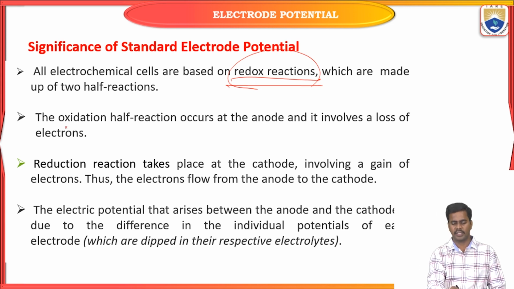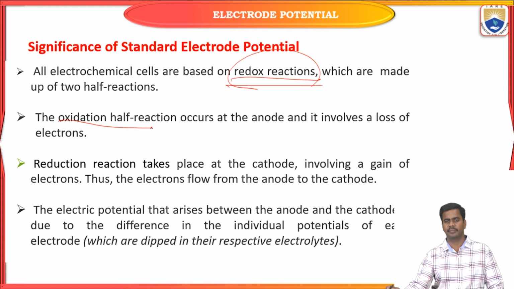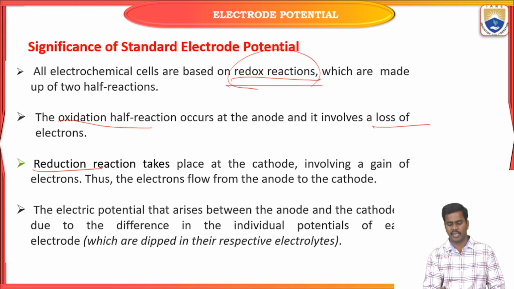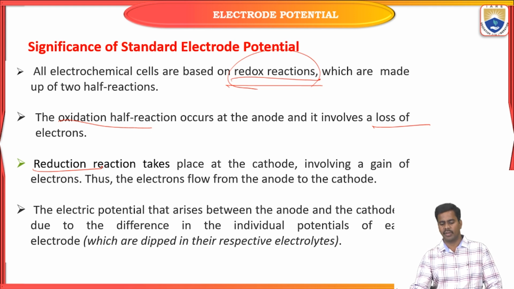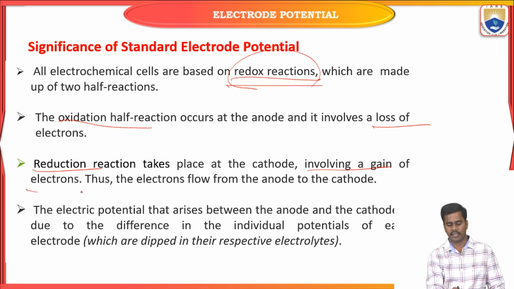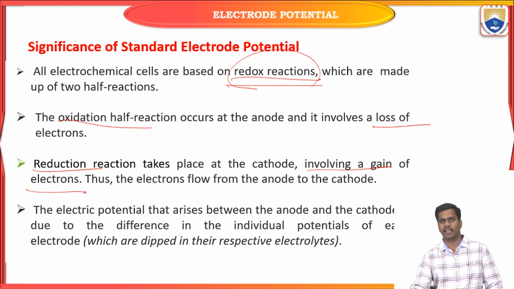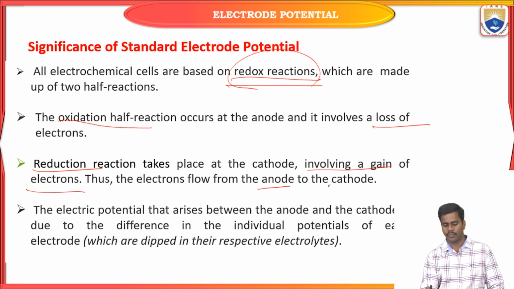The oxidation reaction takes place at the anode, which involves loss of electrons. The reduction reaction takes place at the cathode, which involves gain of electrons. Thus, electrons flow from anode to cathode.